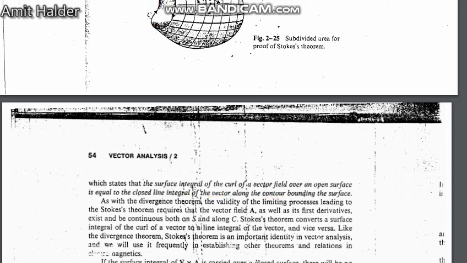So the surface integral of the curl of a vector: there is a surface, and the surface integral of the curl of a vector. The cross product of the del vector with a vector is known as the curl of a vector, that is ds.